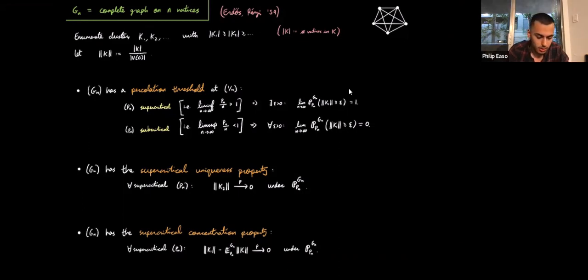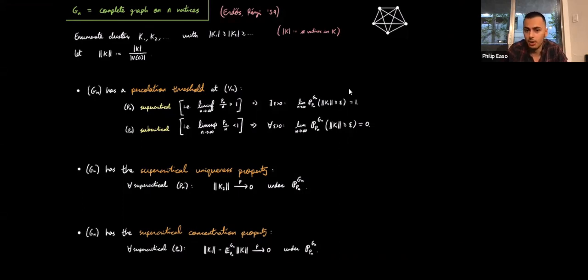Okay. So if you take percolation on the complete graph, it's known since Erdős-Rényi that you have a percolation threshold at 1/n. What that means is that if you take a sequence of parameters p_n that's supercritical with respect to that, so for example, you could formalize it by saying the limit of p_n times n is greater than 1, then you have a giant cluster with high probability.